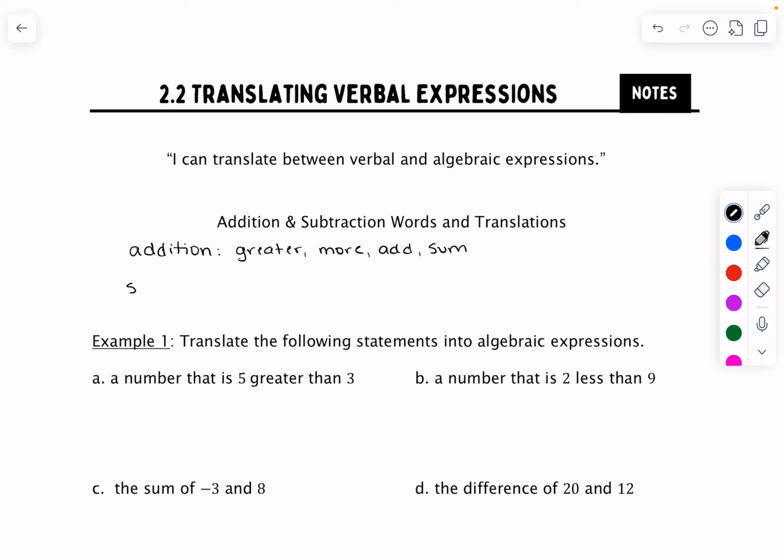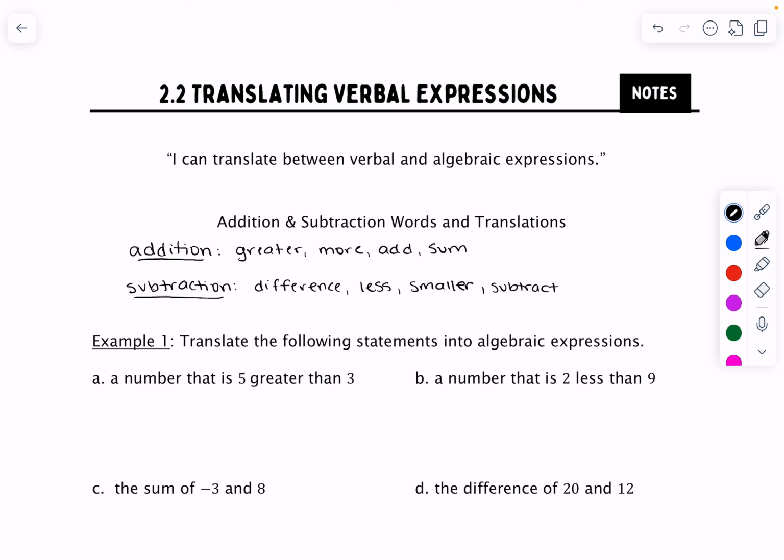For subtraction, you're going to have words like difference, less, smaller, and of course subtract. So these are just a few words that represent addition and subtraction.